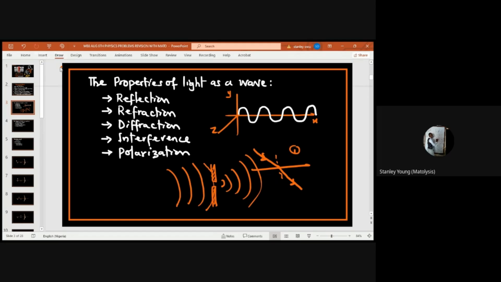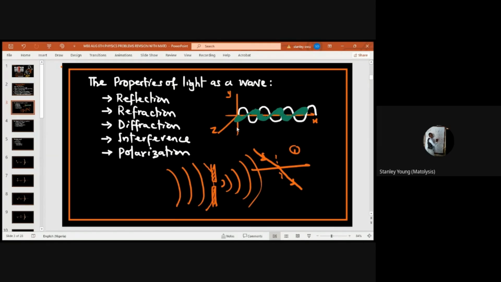We can also have another waveform along the XZ plane. Something like this. So here we have two different waveforms.